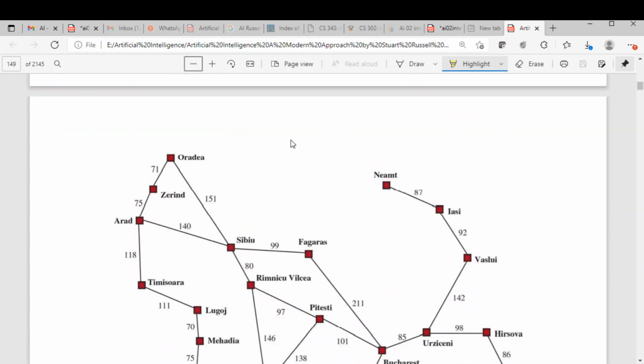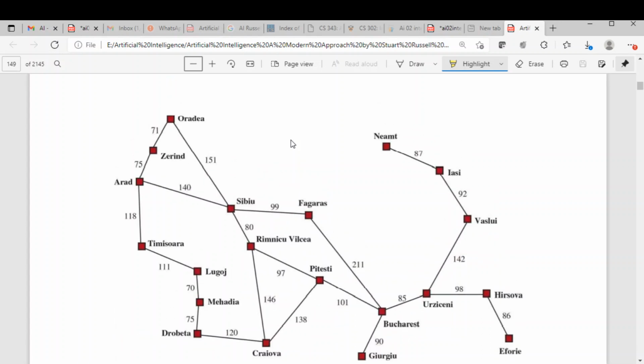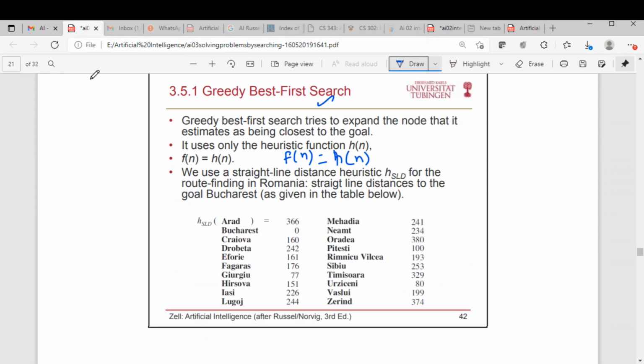This is a graph of Romania, where different cities are there, and the cost of reaching from one city to another city is specified in this graph. Now we are going to apply greedy best first search to this map, for reaching from Arad to Bucharest.